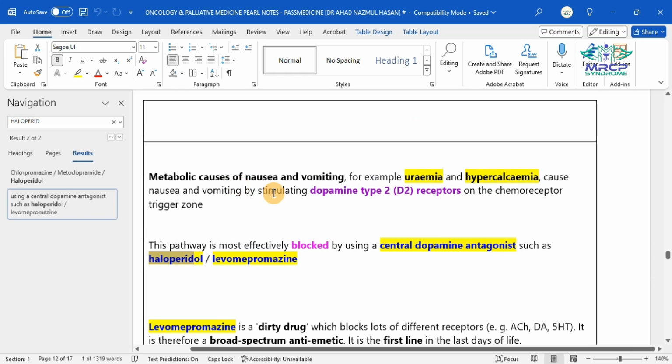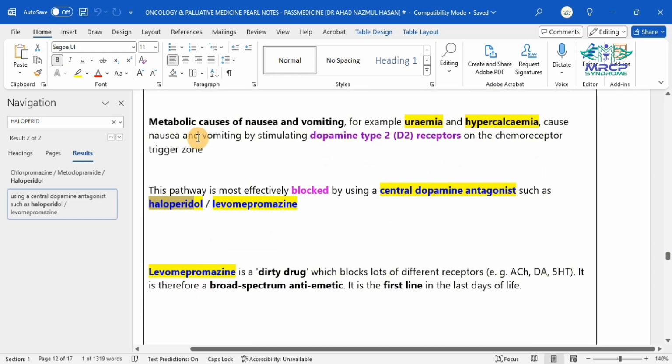Also in the palliative care patient with features of nausea and vomiting from metabolic causes, for example in case of uremia or hypercalcemia, this nausea and vomiting is often triggered by the dopamine D2 receptor in the chemoreceptor trigger zone.